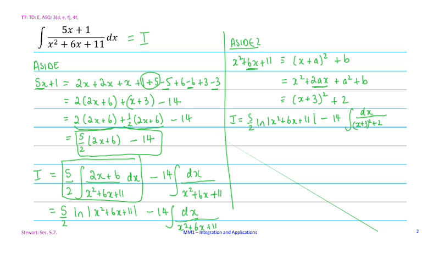And this is actually in the format of f x squared plus a squared. So this basically means that this is actually a tan. We could let u equal x plus 3, then du is equal to dx.